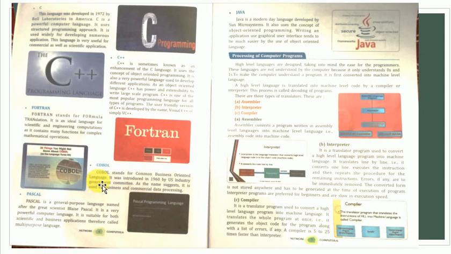It is well known by the name common business, which means it is used in businesses. Next one is Pascal. Pascal is a general purpose language named after the great scientist Blaise Pascal. So it is also a multi-purpose language.